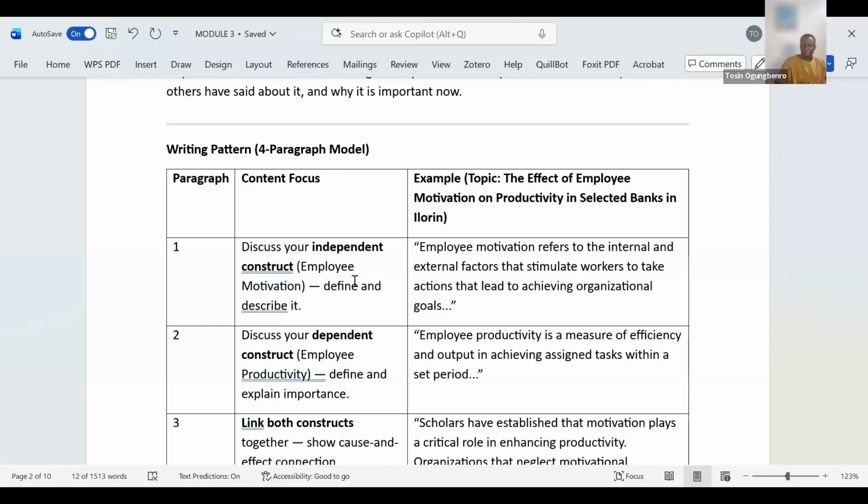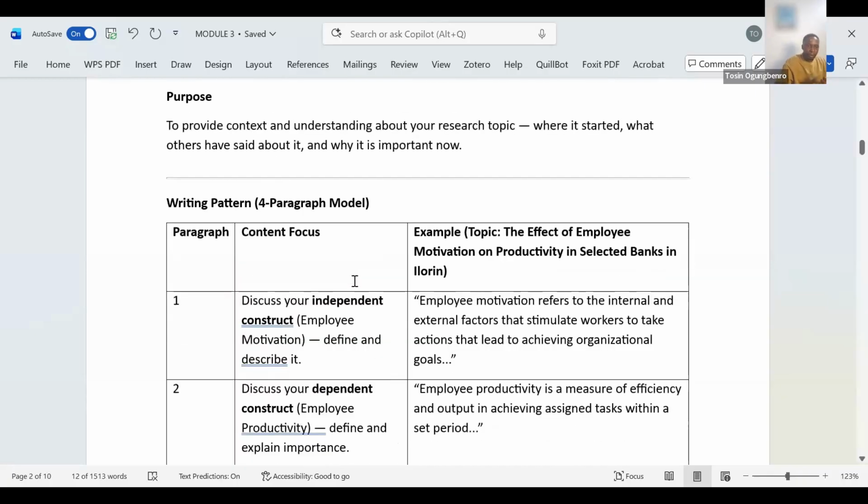So your first paragraph is mainly supposed to talk about some context to your work. Let's say we are talking about the effect of employee motivation on productivity... I'm trying to think of a more interesting topic.